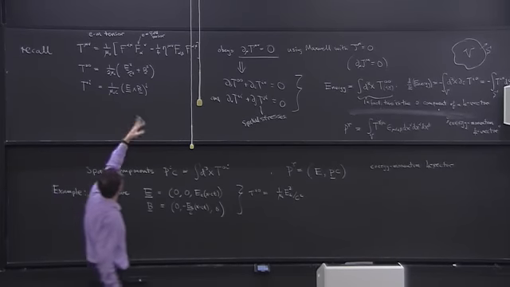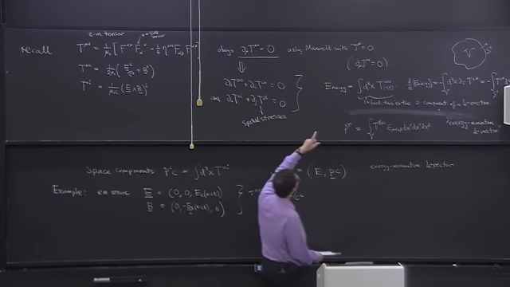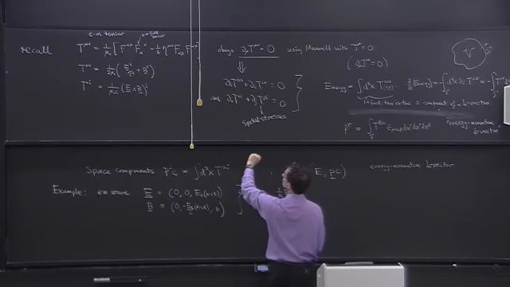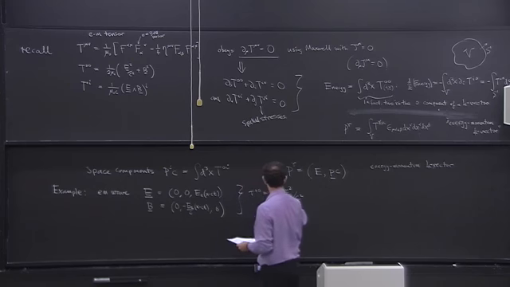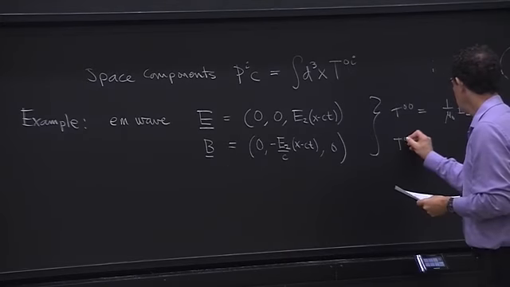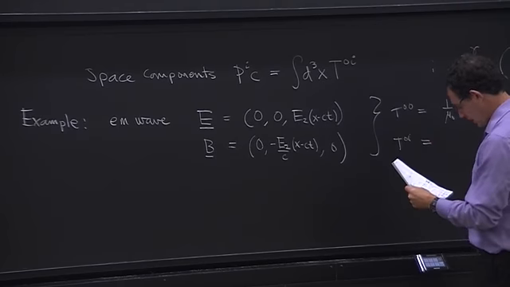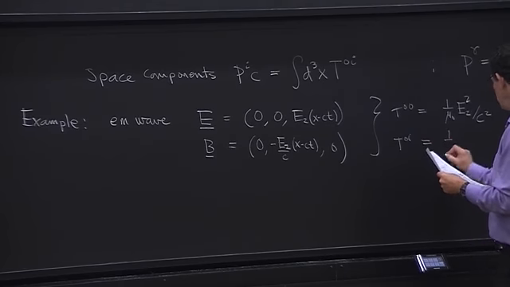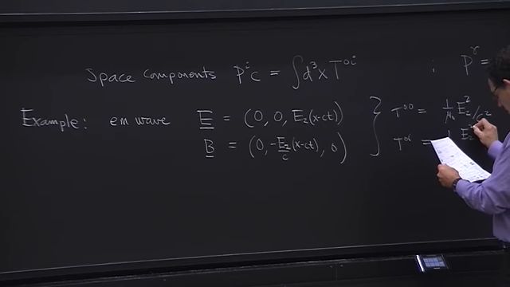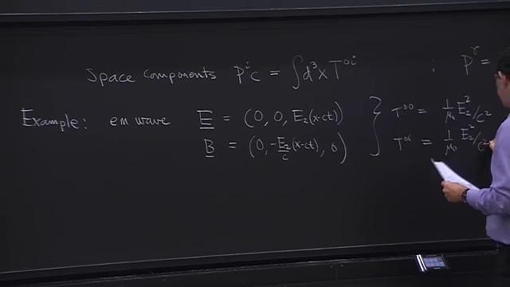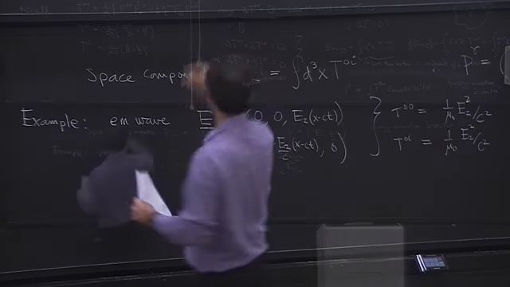So when you work out the relevant, in fact, it's from over there, somewhere else. There it is. T naught naught is E squared over c squared. And the T naught i is equal to 1 over mu naught E_z squared over c squared as well. Okay, because I just calculate E cross B.